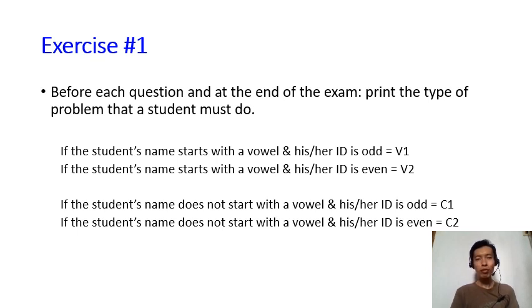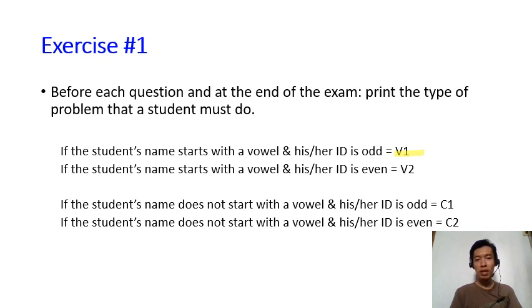So just like before in the program exam 2, before each question and at the end of the exam, the program must print the type of problem that a student must do. If the student's name starts with a vowel and his or her ID number is an odd number, then the type of the problem is V1.